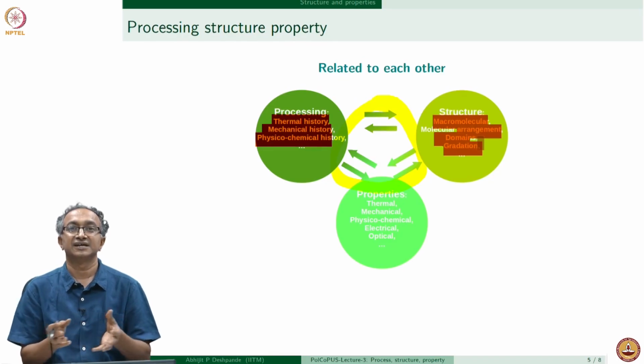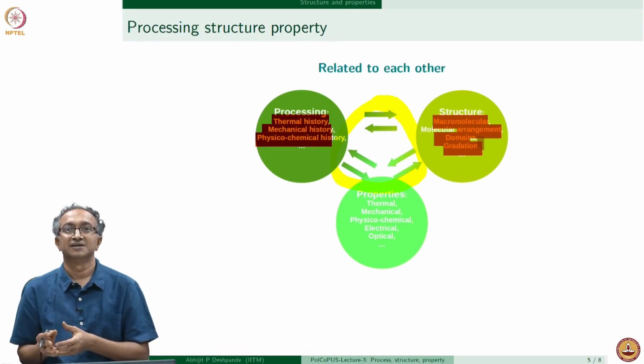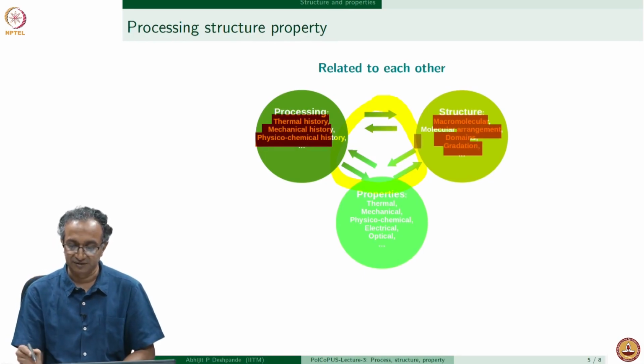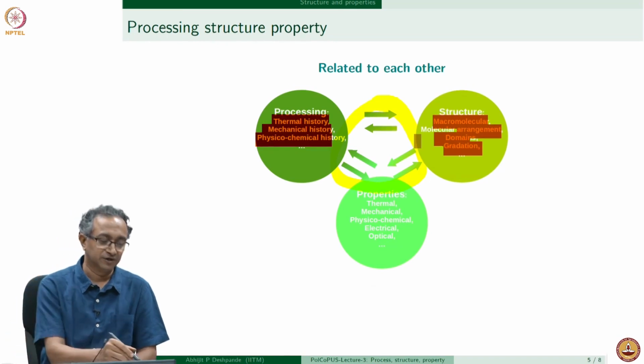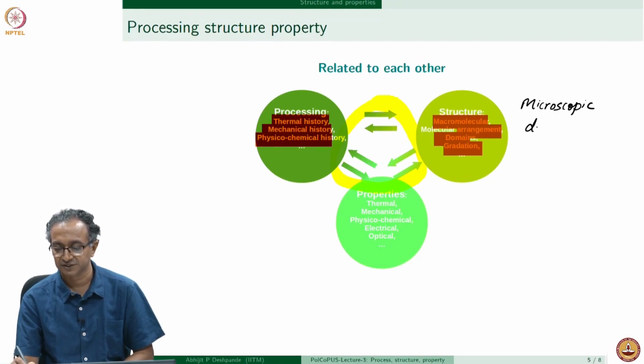So therefore there is a gradation in terms of structure. One part of the component may be more crystalline compared to the other part. So that's why it's called microstructure. We many times refer to not just structure but microstructure, because in this case we are interested in microscopic details of the structure.